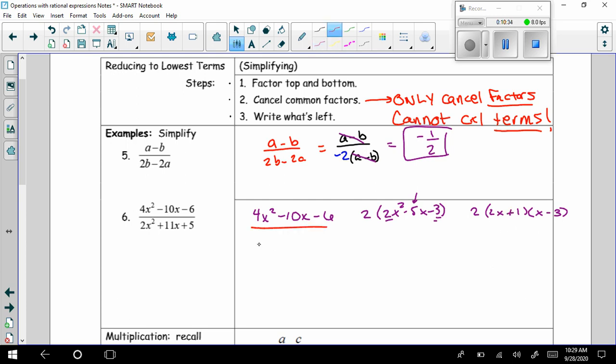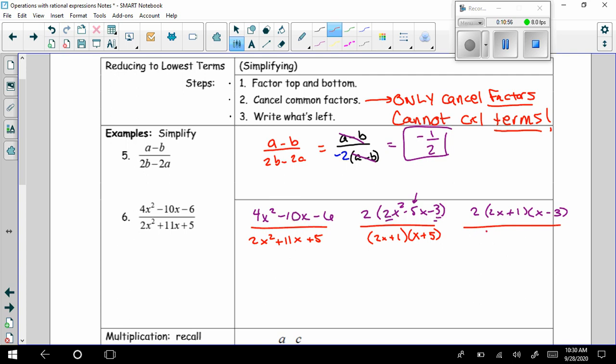Then I do the same thing with the bottom. So I have 2x squared plus 11x plus 5. Well, 2 and 5 are primes, and 2 times 5 is 10, which gets me really close to 11. So I'm going to do 2x and 1, and then x and 5, because that's 10, 11 x's.